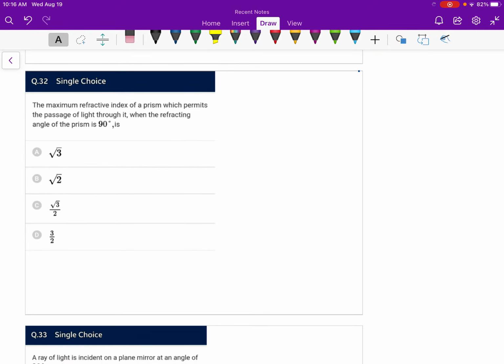The maximum refractive index of a prism which permits the passage of light through it when the refracting angle of the prism is 90 degree. So this is an isosceles right angled prism. All the light should pass through the prism. So for i equals 0, r equals 0, r dash is A, which is 45 degree for an isosceles prism.